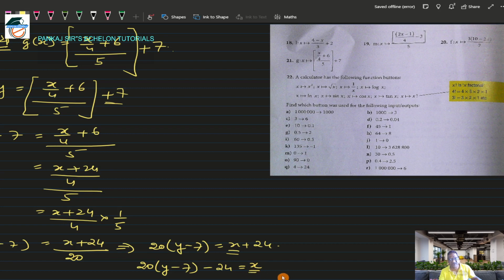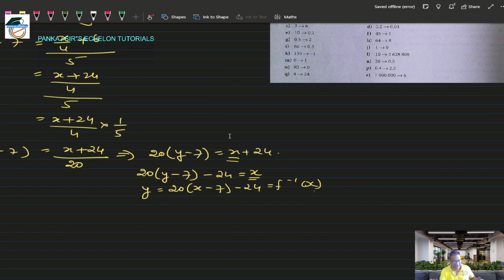So x has been made the subject. Now all I have to do is write the variable. So my y will be equal to 20 times x minus 7 minus 24. This is my f inverse of x for question number 21. Okay, so that's the answer for this.